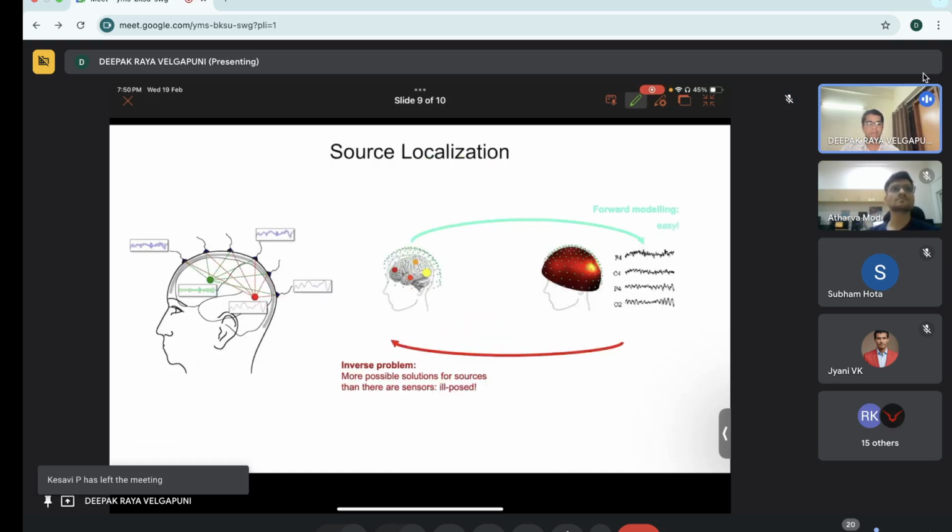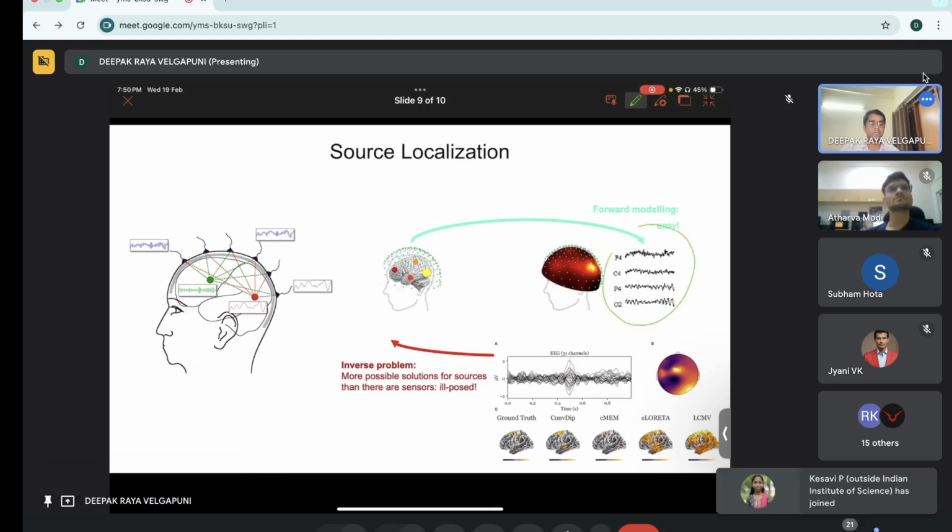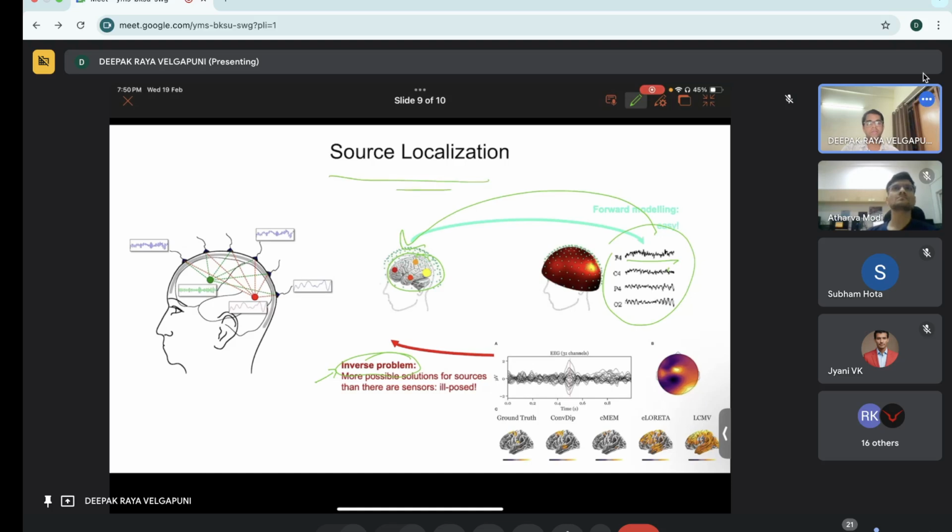So there are multiple techniques for finding sources. You have these EEG responses. Some brain activity is causing this kind of activity, but from this activity, how do you go back to sources? This is called the inverse problem. When you solve this problem, we call it source localization.